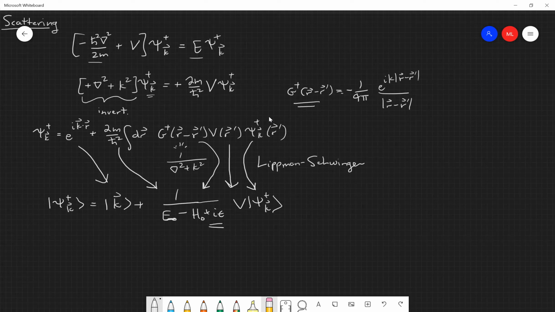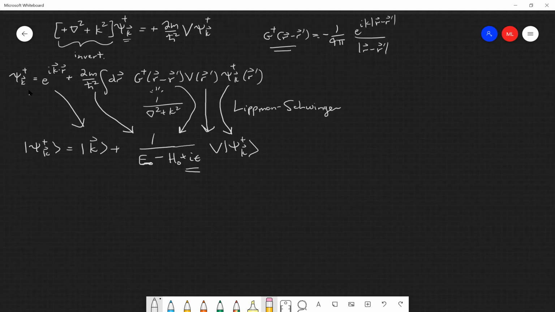But you can keep doing this recursive procedure, and it's easier to think about it in terms of these operators here. So again, let's start writing out this recursive procedure. To leading order, you get, and H naught here is just the kinetic energy. It should be sort of reminiscent of the Dyson series in some sense, what we did for time-dependent perturbation theory.